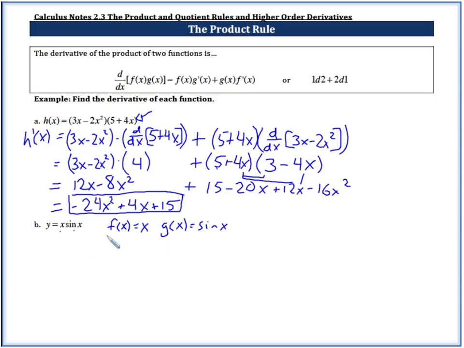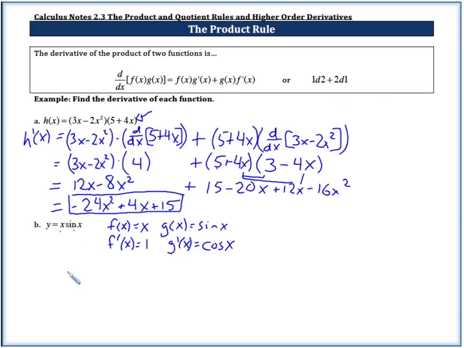It might be helpful to go ahead and just find the derivatives of these right away. So f prime of x is 1, and g prime of x is, well, what was the derivative of sine? It is cosine. Okay, so now that we have all of this information, we can do 1d2 plus 2d1.